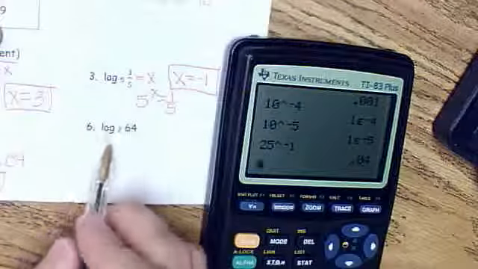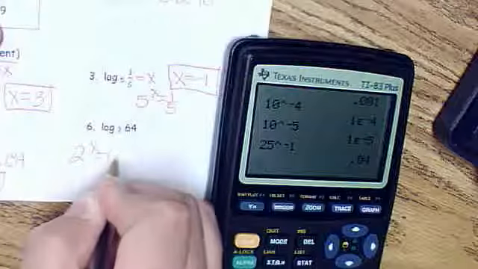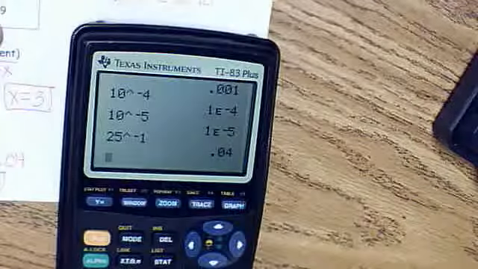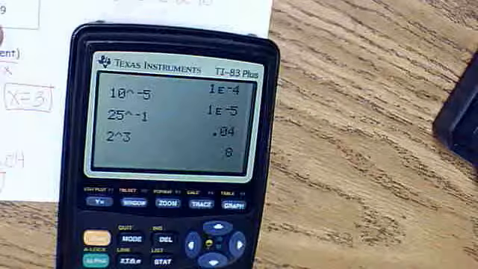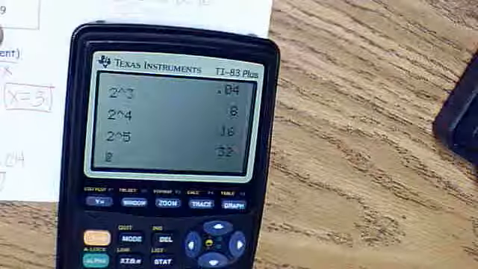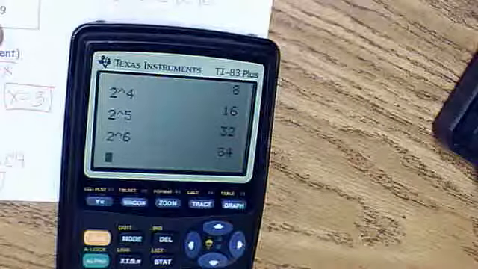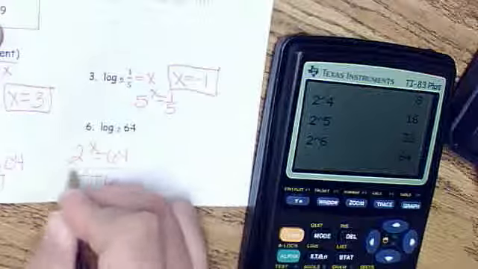Number 6, log base 2 of 64. 2 to the x equals 64. Well, I know it's not going to be 1 or 2, so I'm going to start at 3. So 2 to the third, 2 to the fourth, 2 to the fifth, almost there, 2 to the sixth. There we go, 2 to the sixth is 64, so x equals 6.